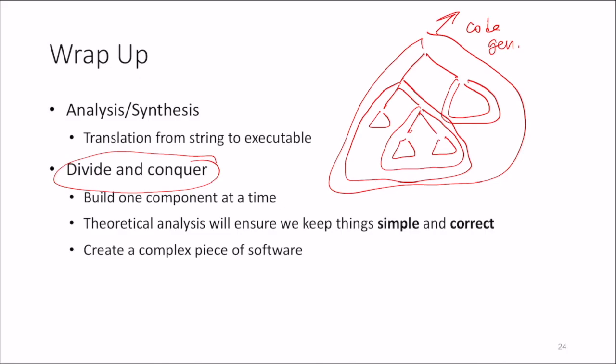So we build one component at a time, and as we study each of these phases, we'll see that there is a solid theoretical analysis that ensures we keep things simple and correct. So they're always provably correct components. This enables us to create a very complex piece of software, which is a compiler. It's quite complex, and it can accept any program in this programming language and generate code for it.